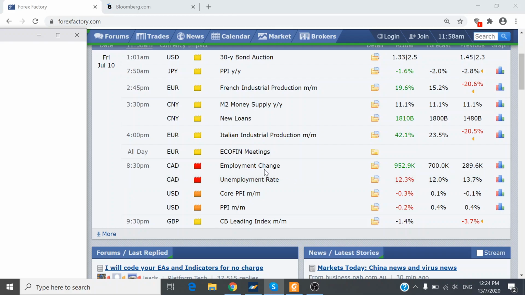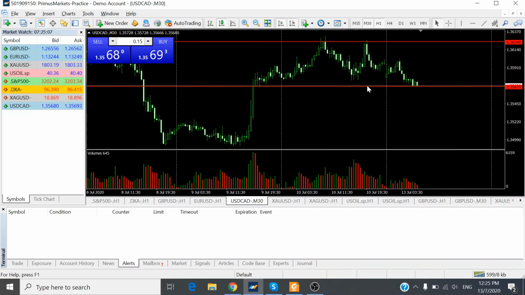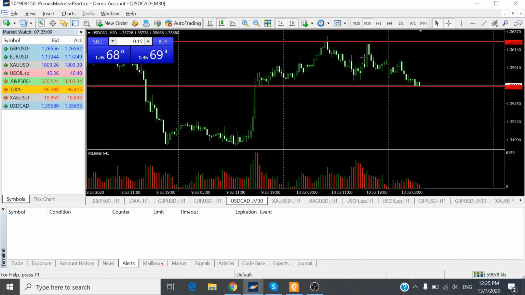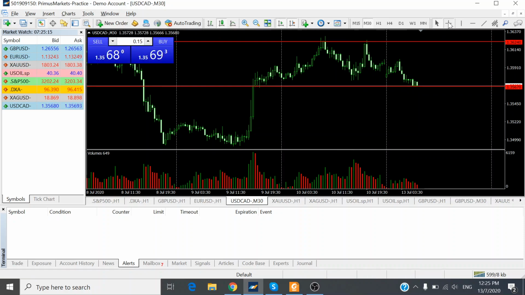So looking at the employment change data alone, again the data is positive, and we should be seeing the Canadian dollar strengthen. However, as you can see, at 8:30 p.m. when this announcement was made, the Canadian dollar actually weakened. Okay, so this is the bar 1530 plus 5, 2030, which is 8:30 p.m.